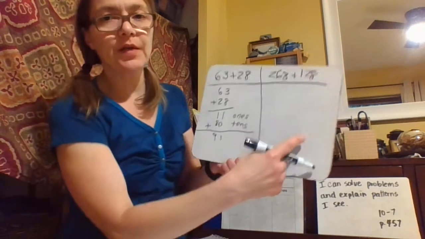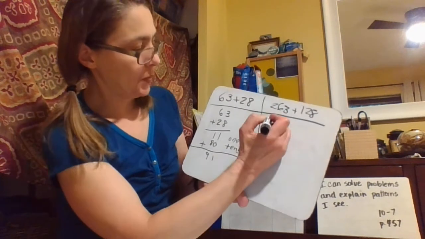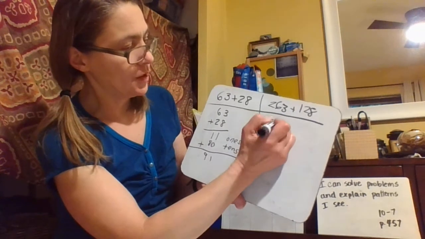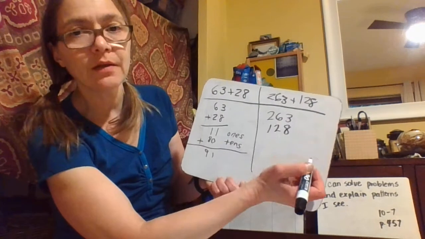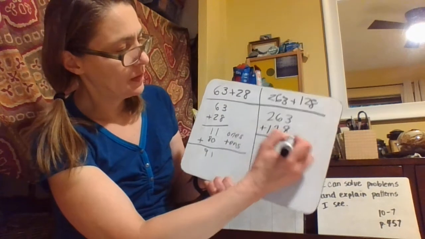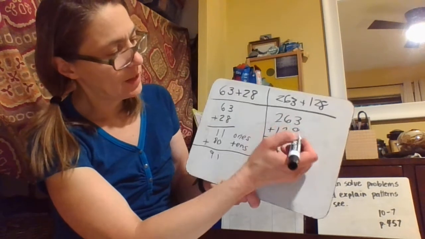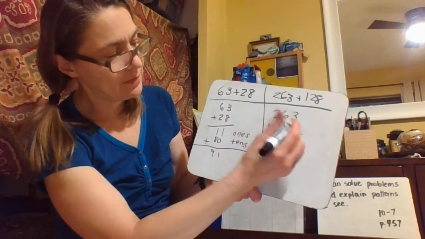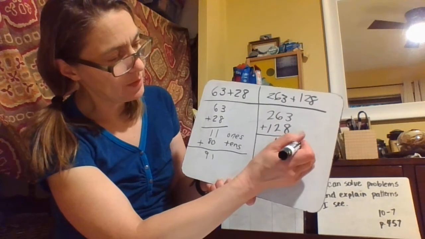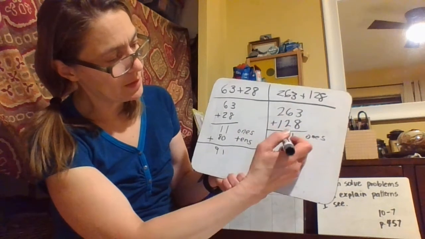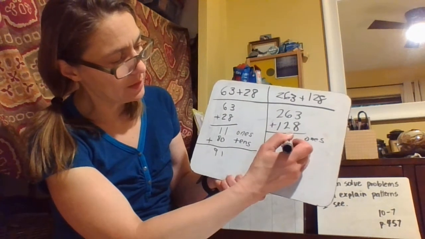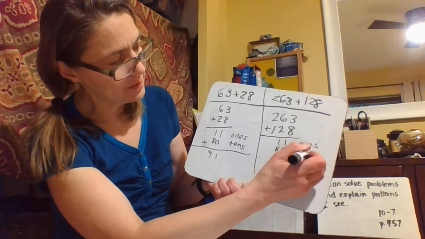Okay, and then I'm going to move over here, and I'm going to do the 263, and line it up with 128 in the place value. And then I'm going to do the ones first. 8, 9, 10, 11, and then I'm going to write ones, and then 6 plus 2 is 8 tens, which is 80, and I'm going to write tens.